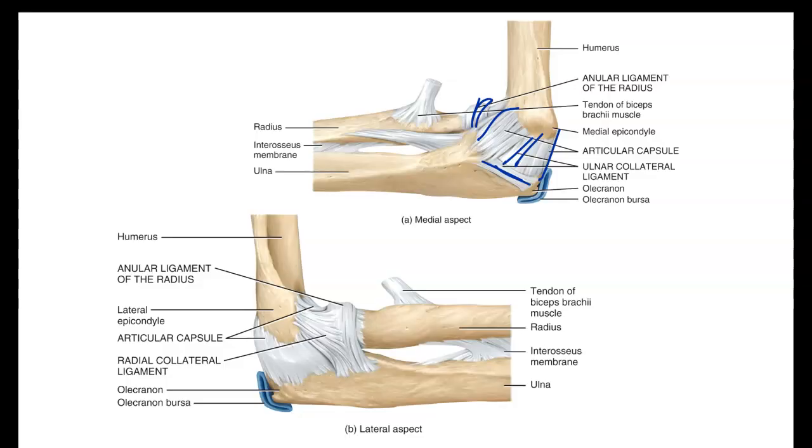And coming further down, you can see this annular ligament coming and attaching that radius to the ulna here. You see the radial collateral ligament, which is coming in from that humerus and attaching in to the radius here. And also notice how with this ligament, it can come in and attach here to that ulna.